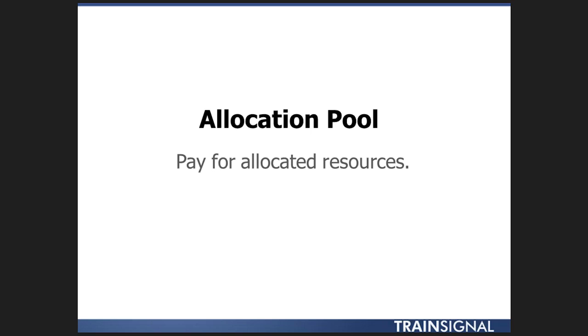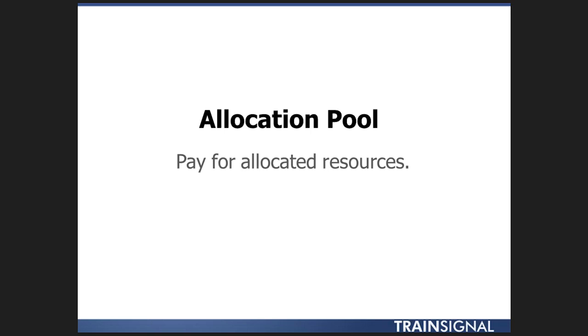The allocation pool is a little bit different, where you actually are given an actual pool of resources, and you can kind of slice and dice that virtual data center however you need it. So if I want a virtual machine, for instance, with 1 CPU and 8 gig of RAM, and another virtual machine with 2 CPUs and 4 gig of RAM, you're not bound to any one particular size virtual machine, so you can decide how you divvy that up.